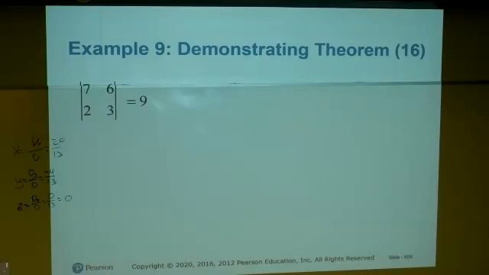Well, they're going to do row operations on this to make this 6 become a 0. So they're going to multiply the bottom row by -2 and add it to the top row.